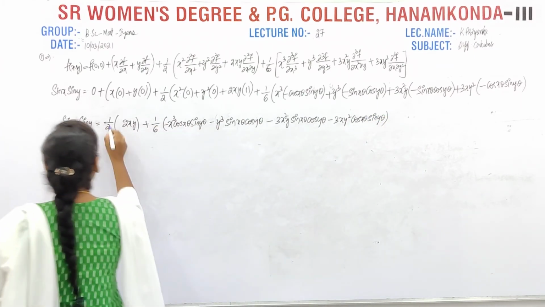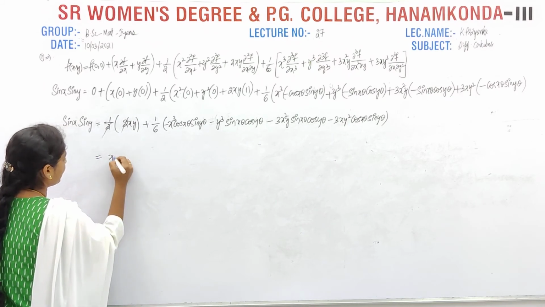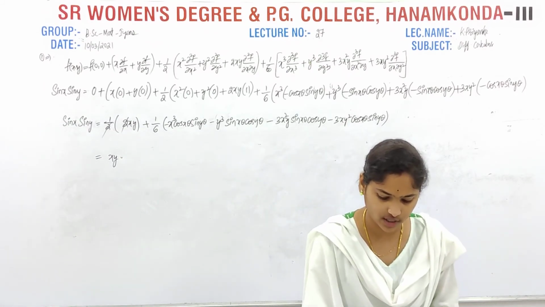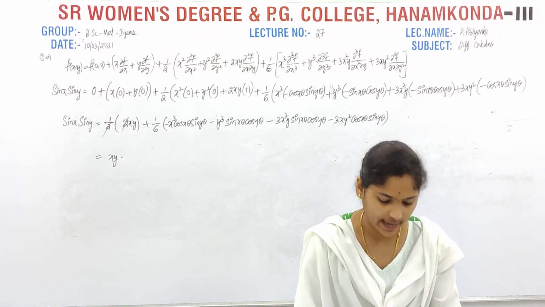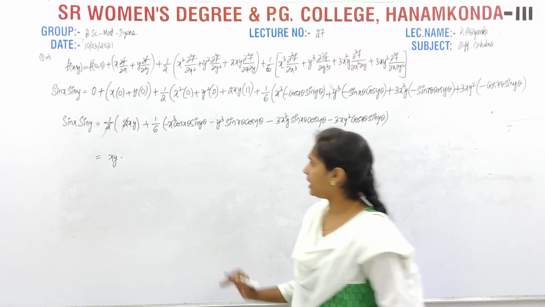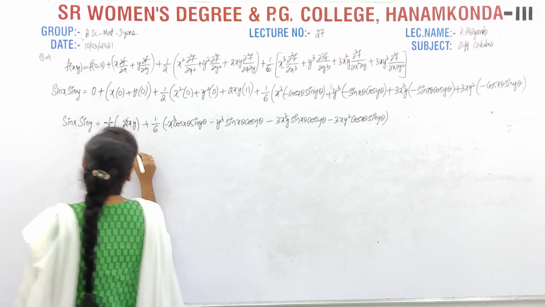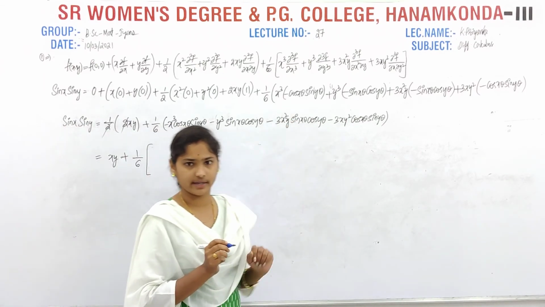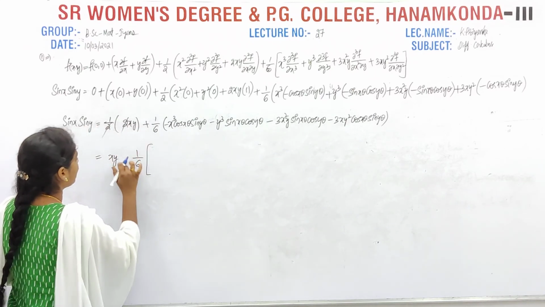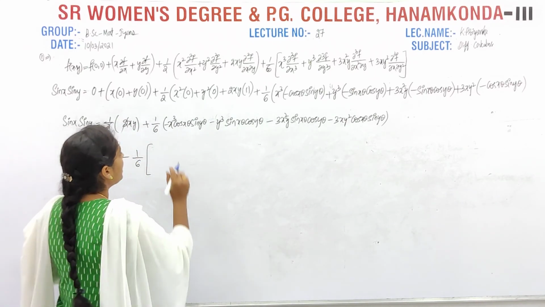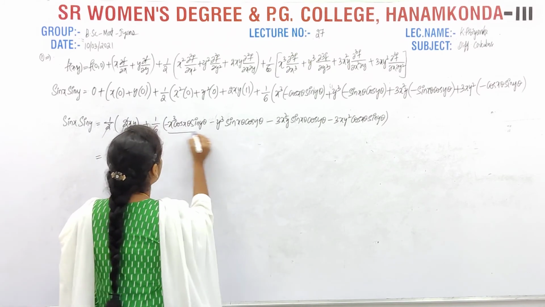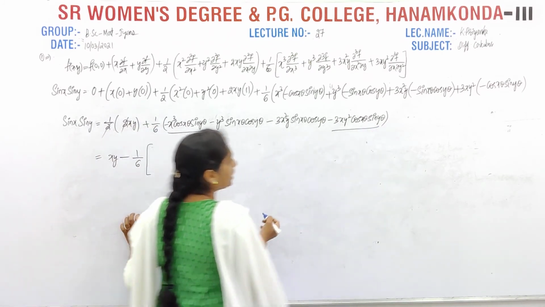Okay, so now here 2 get cancelled. We have that xy. So if you observe the question, they gave that the first value is nothing but xy. Okay, and simply plus 1 by 6 of, now here what I am doing is, in every term I have a minus. That's why I am taking minus common. Clear? Next, cos x theta sin y theta, where we have this and this one are same.